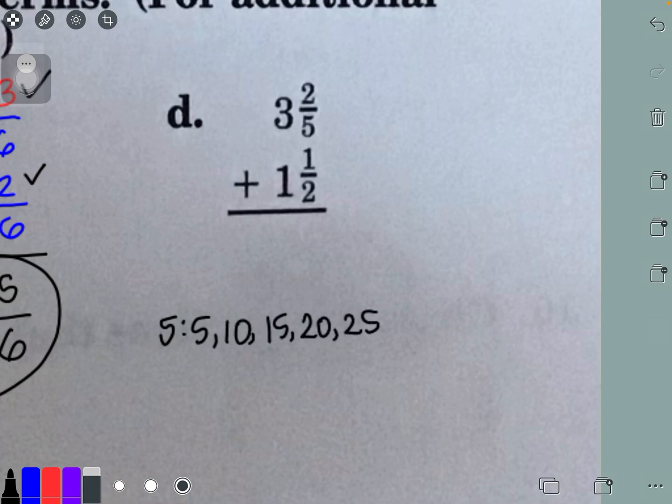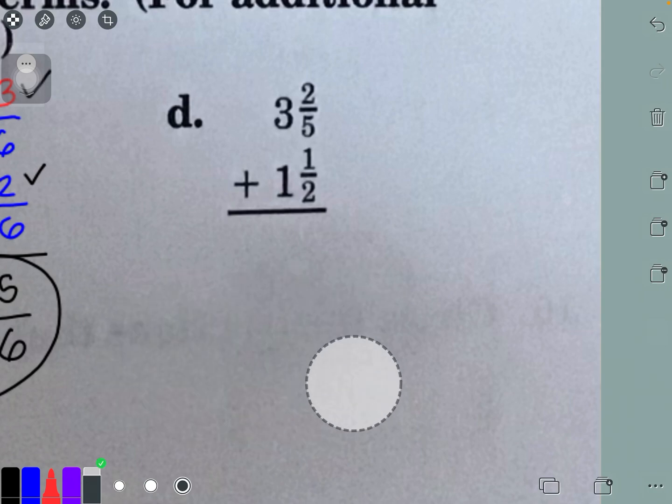Just the first 5. Now the multiples of 2. 2, 4, 6, 8, 10. Do you see the number they have in common? The first number they have in common is 10. So that means my denominator would be 10.